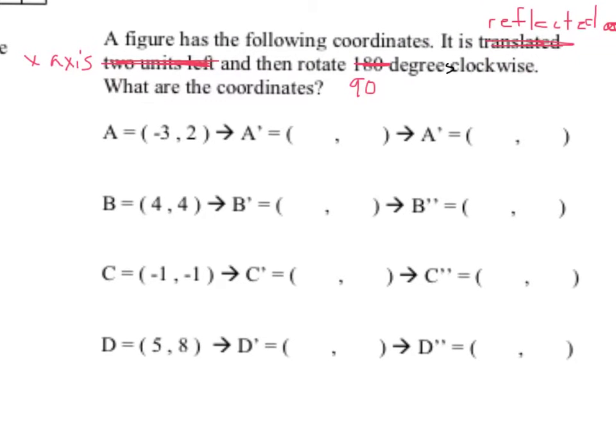So the first transformation is a reflection over the x-axis. How does that change my coordinates? A reflection over the x-axis. Jesus, how does a reflection over the x-axis change my coordinates?